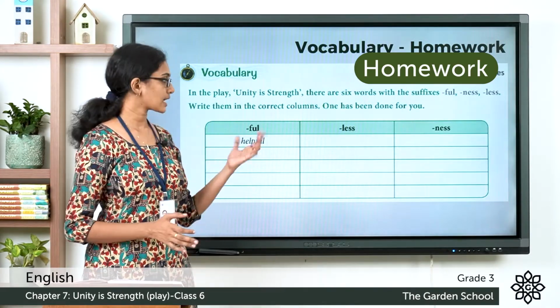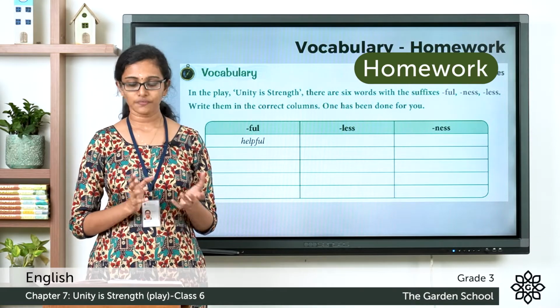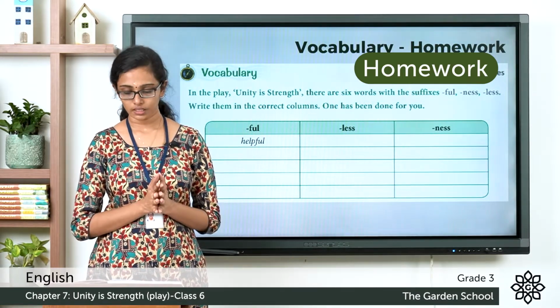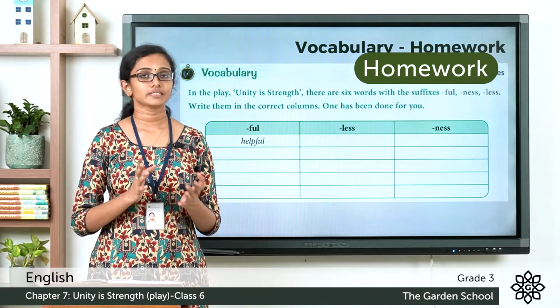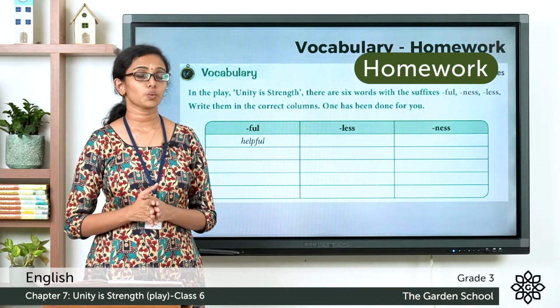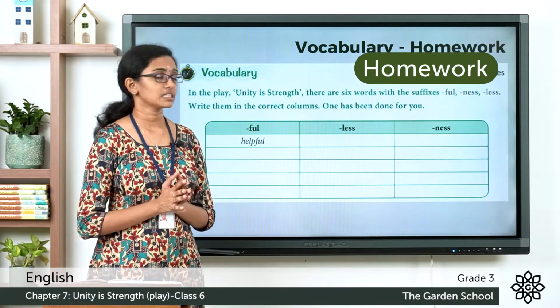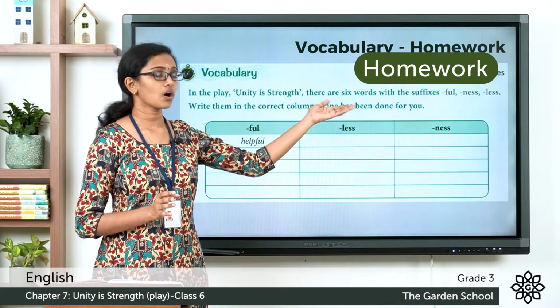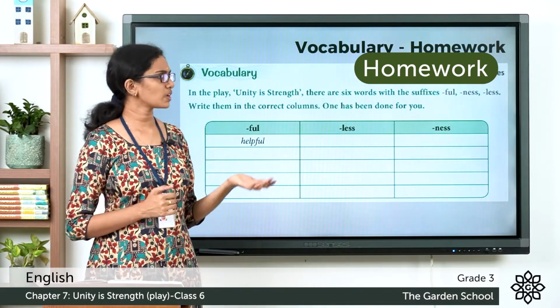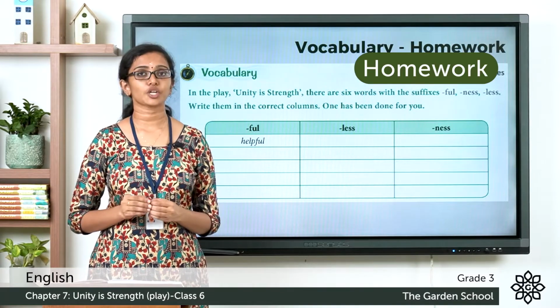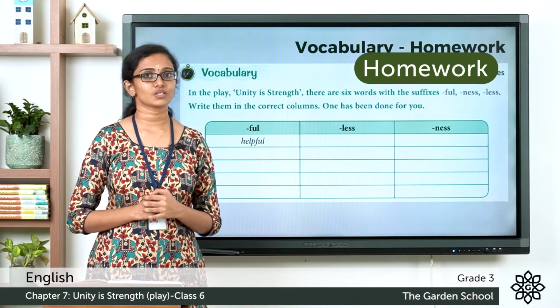So you can see a table here, and you have to find out a total of 6 words from the story Unity is Strength, and these words should end with suffixes either FUL, NESS or LESS. So this one you can do as homework. You have to find out the words, fill in the table, then take a picture and send it to Teams.